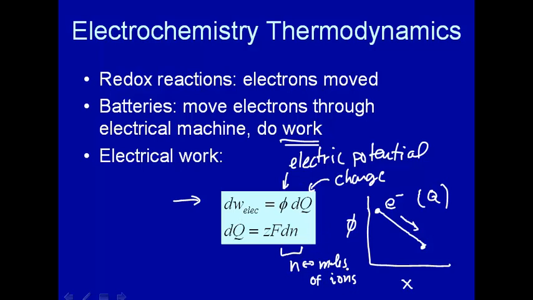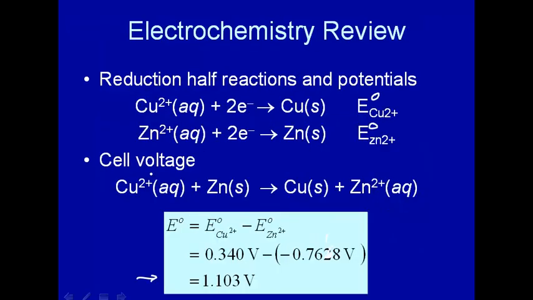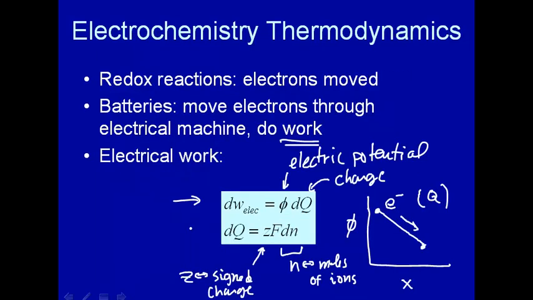So here's the number of moles of ions. Those are things that carry charge, and Z corresponds to the signed charge, meaning positive for cations and negative for anions. For example, here Z would be +2. If you had something like sulfate, Z would be -2.